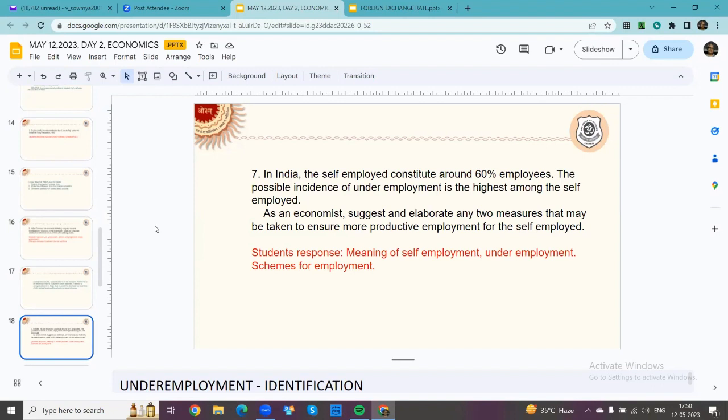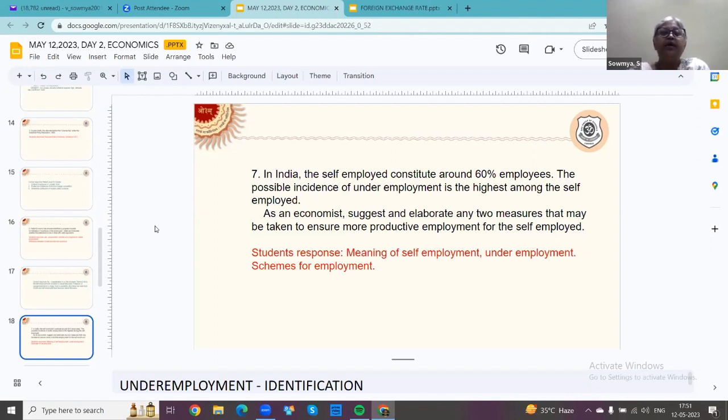Okay, any other suggestion? That's absolutely right. Many self-employed do not have enough money to continue with the business. So if the government offers some kind of monetary support, that will be a big welcome. That is what makes them give up their self-employment and become casual laborers.